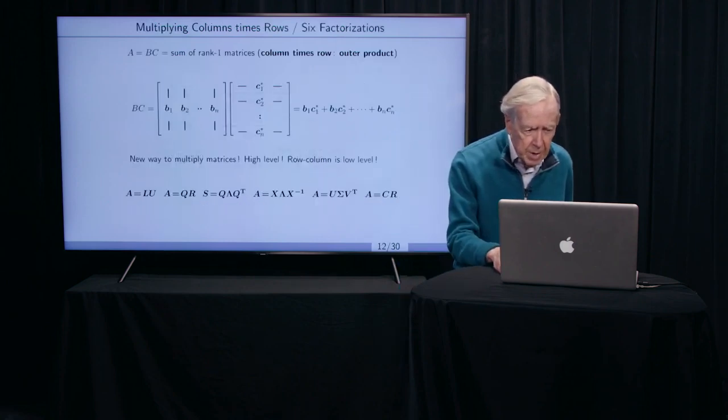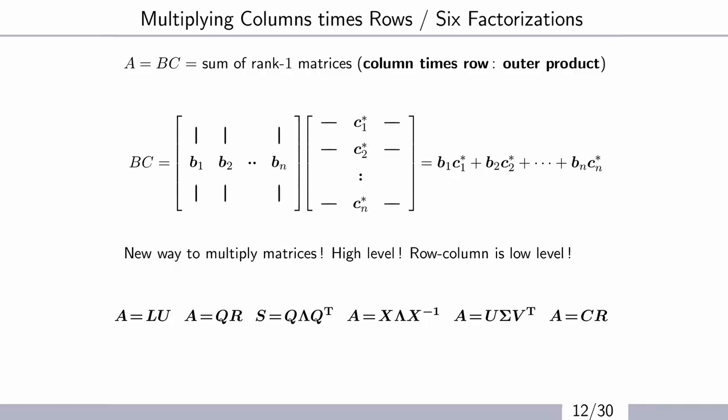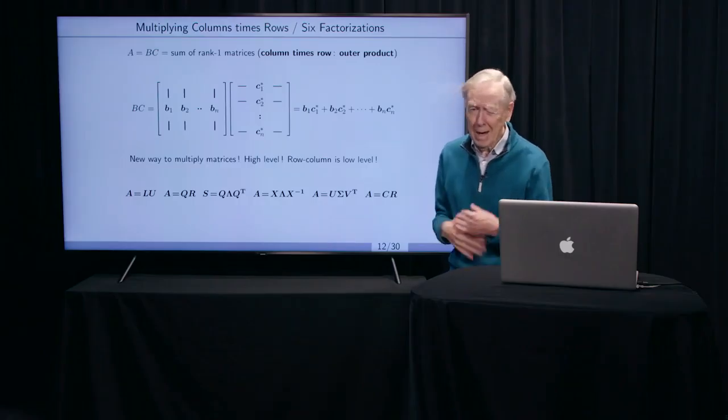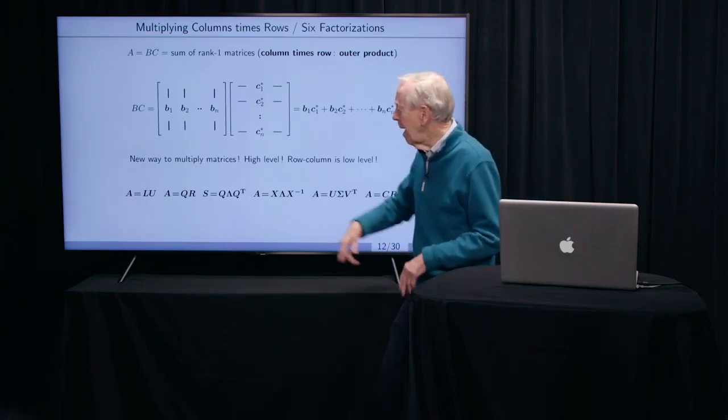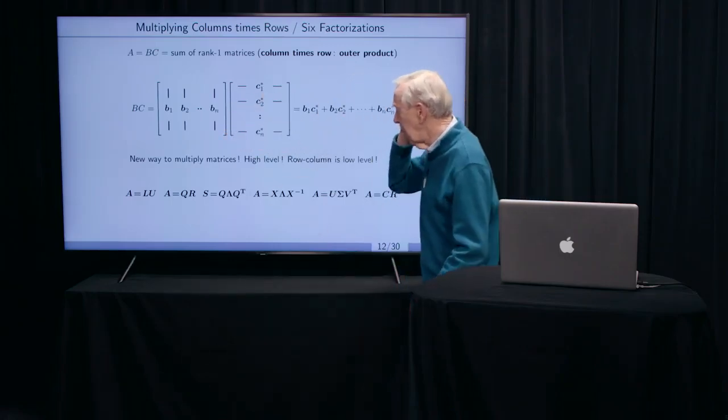Okay, I'll just see what else there is. Oh, here, this is another comment. I have hardly told you how to multiply 2 matrices. The usual way is rows times columns. But linear algebra being always interesting, there's another way that I happen to like, columns times rows.